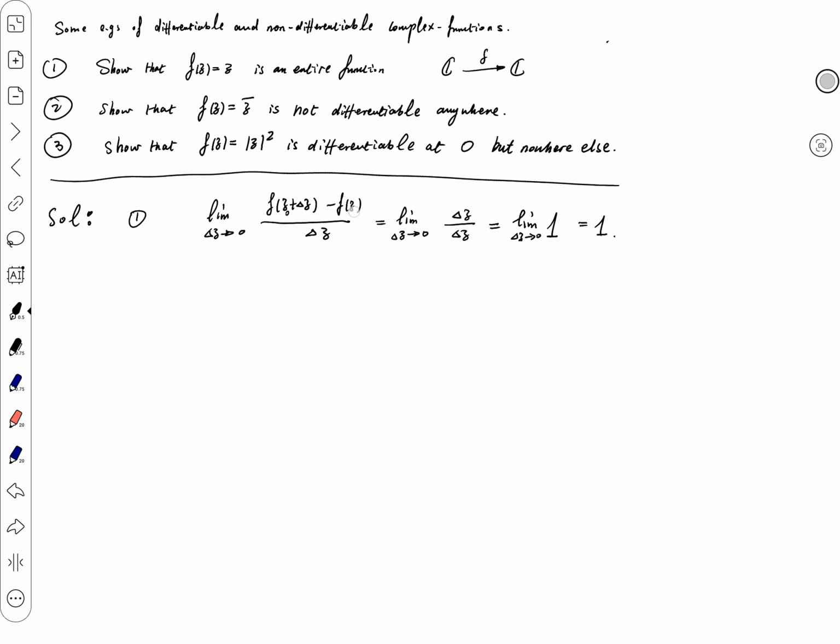And in particular, this is telling you that f is entire. This is true.